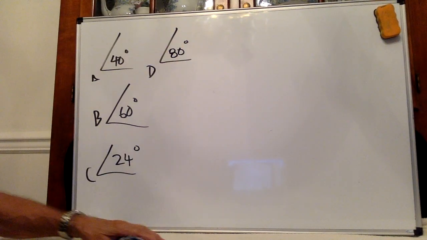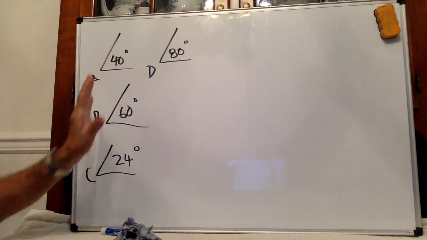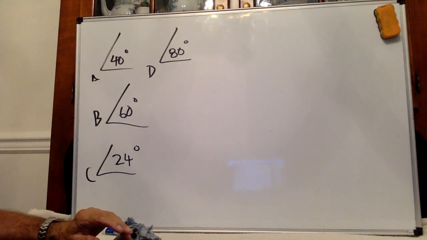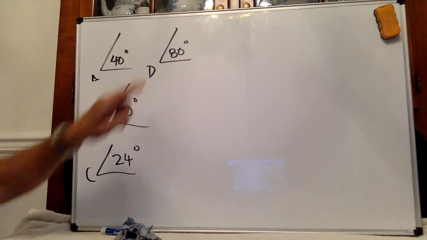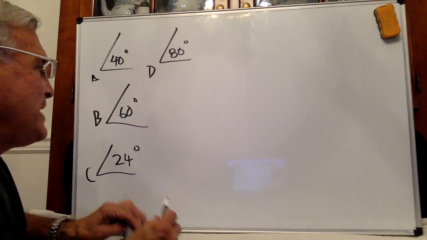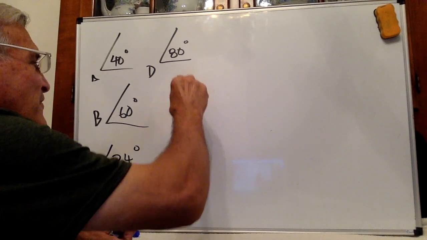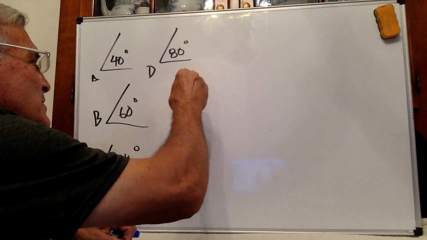All right, I give you those 4 angles, A, B, C, and D. Again, the drawing is only a visual aid. They don't have to be anywhere near close. 40, 60, 24, and 80 degrees are those 4 angles, A, B, C, and D. Let event E be, pick 2 angles.